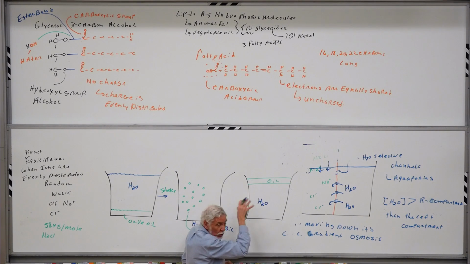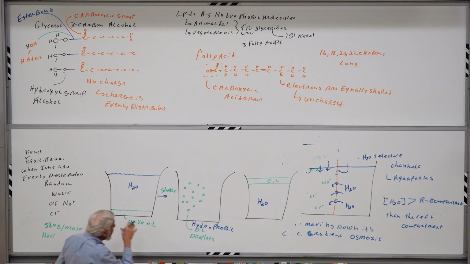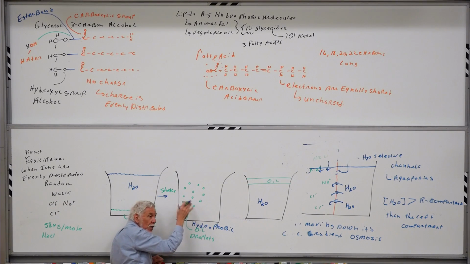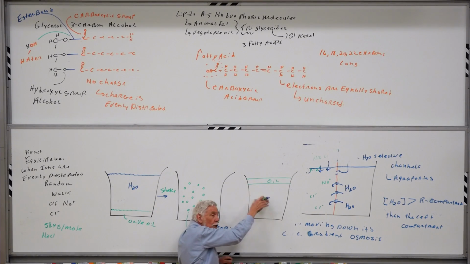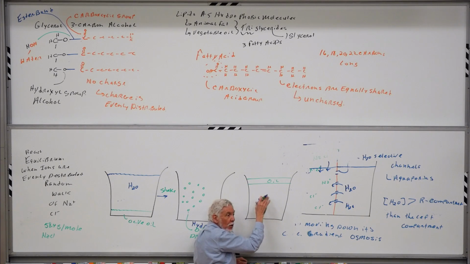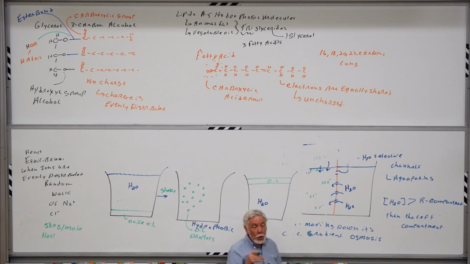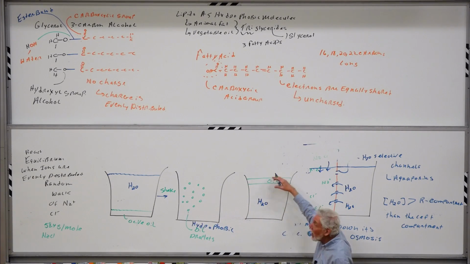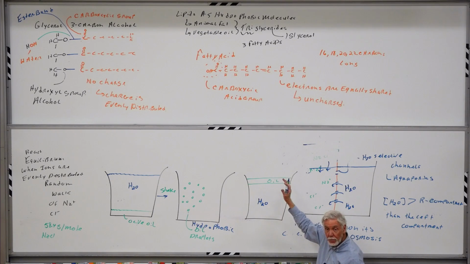We know this intuitively, but this is simply explained by what we know from yesterday's lecture and today, that we have highly charged dipoles on the water that don't easily interact with the uncharged triglycerides. So the oil does not easily go into solution in the water and will float out on the surface.